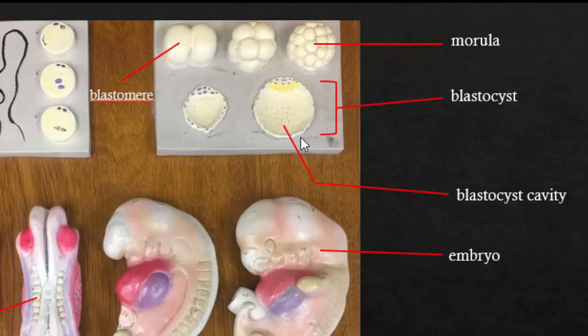The wall of the structure is made of cells as well, but inside we see a chamber, a fluid-filled chamber called a blastocyst cavity. The whole structure is called a blastocyst. So here we have a blastocyst in which we have what's known as an inner cell mass and a large blastocyst cavity.